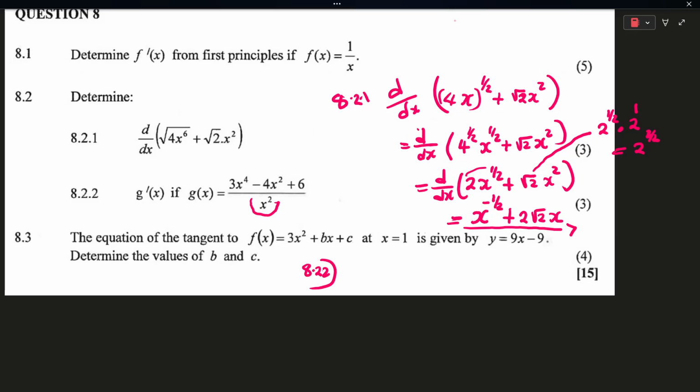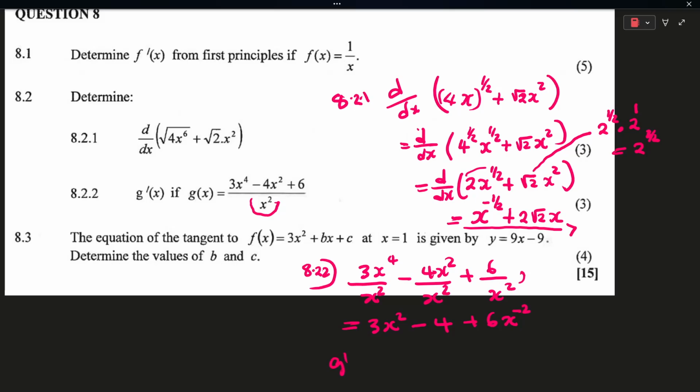But if it only has one term, you start by splitting: x to the power of 4 over x squared minus 4x squared over x squared plus 6 over x squared. That is what we are doing. Okay, now let's simplify. It will be x squared minus 4 plus 6. This one goes up. It will be x to the power of minus 2.